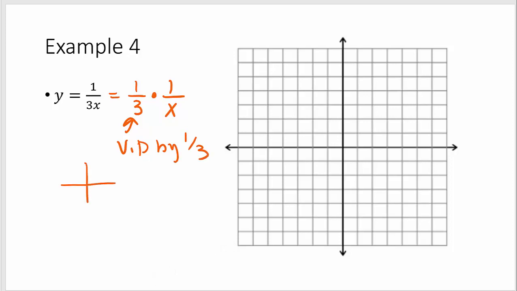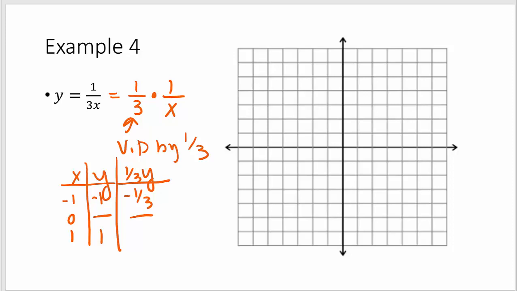So that means if I take my x and y, -1, 0, and 1, -1, asymptote, 1, we're just going to multiply those by 1/3. So our x and y asymptotes, those vertical and horizontal ones, are going to stay the same.